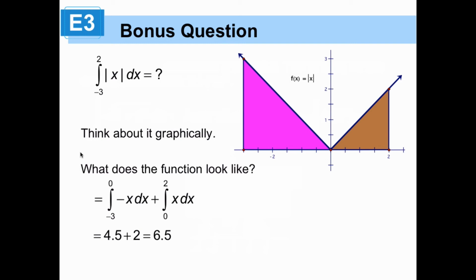The area of the triangle. 3 times 3 divided by 2, that's 4.5. 2 times 2 divided by 2.